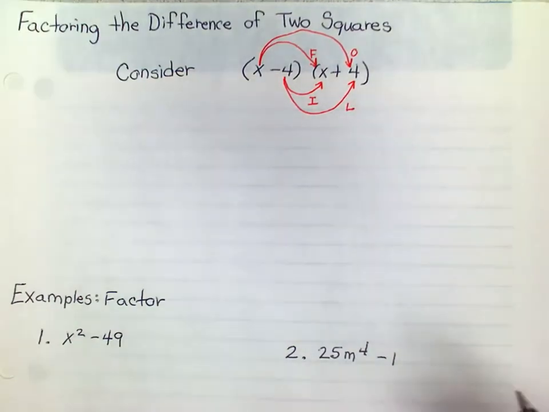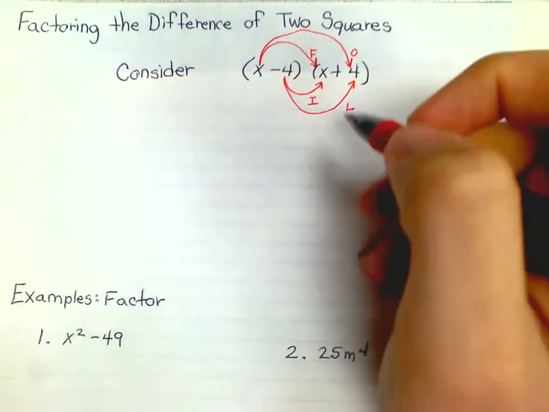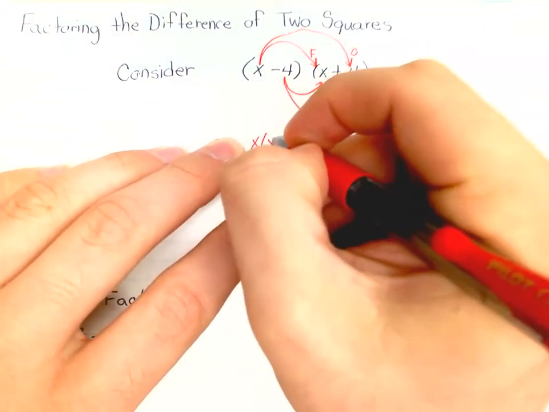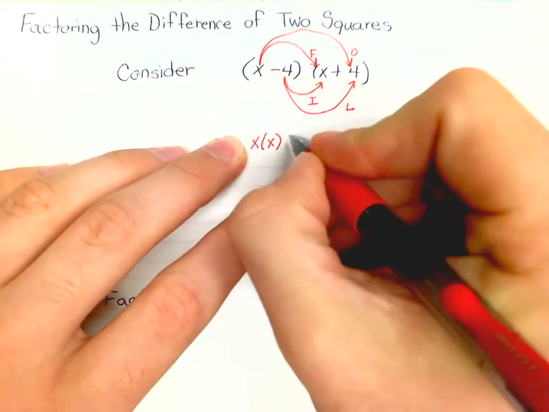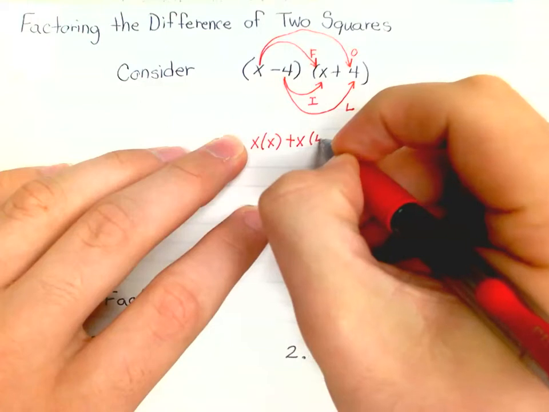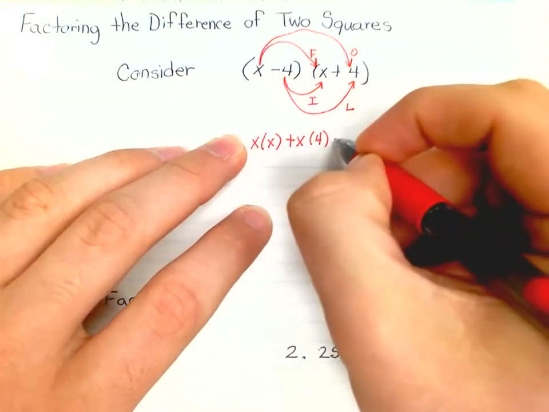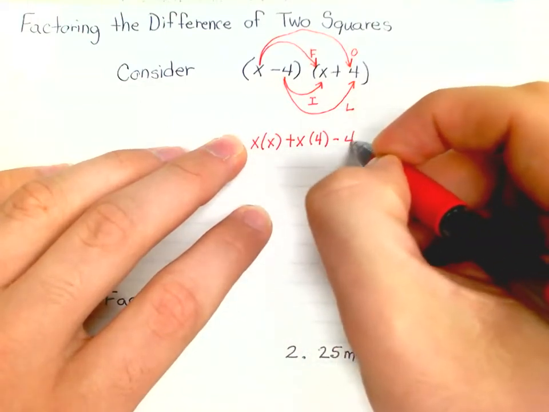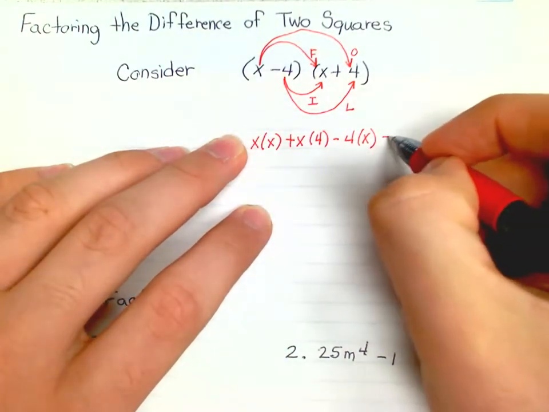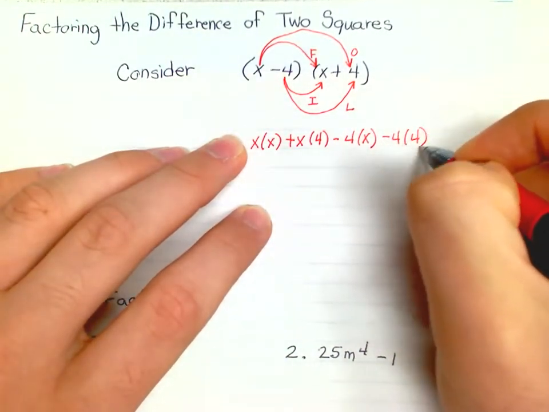Let's go through and write out what we've just looked at. So we'll have x times x for the F. We'll have the plus x times the 4 in the second term for the O. For the I, we'll have negative 4 times x. And finally, for the L, we'll have negative 4 times a positive 4.